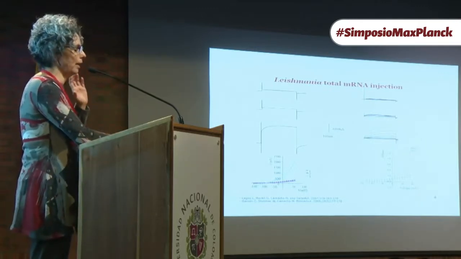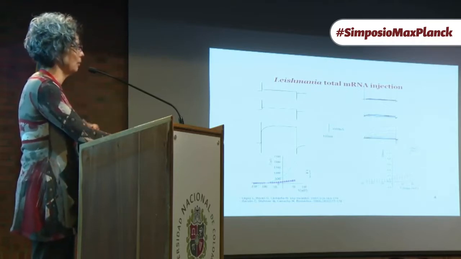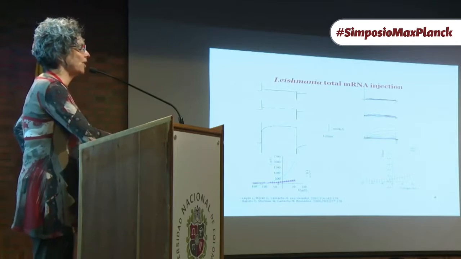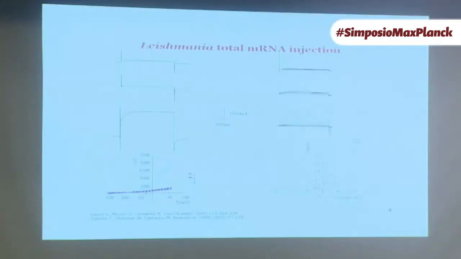We took all the mRNA of Leishmania, initially amazonensis, then braziliensis. We injected that total mRNA into oocytes, and then we recorded. And then was when our collaboration with Walter Stühmer started, because Luisa went to his lab and started doing some of the recordings in a species of amphibian, Xenopus oocytes, that is well established there.